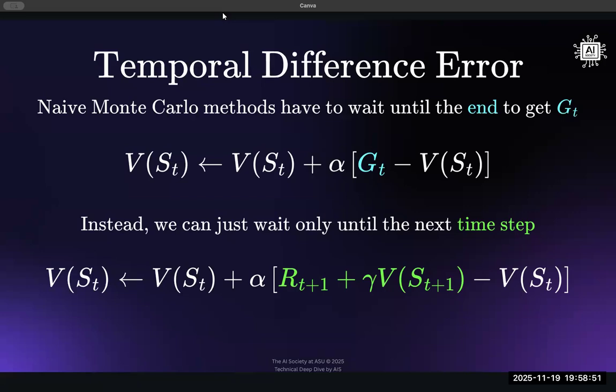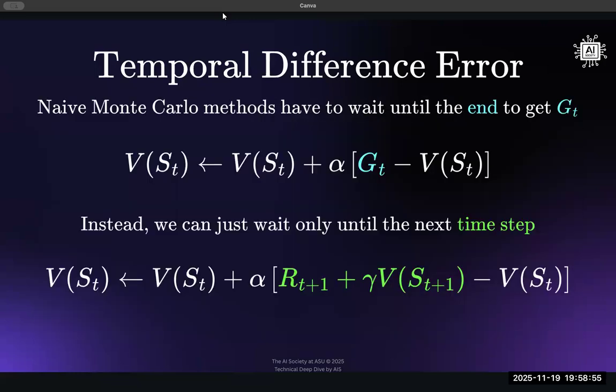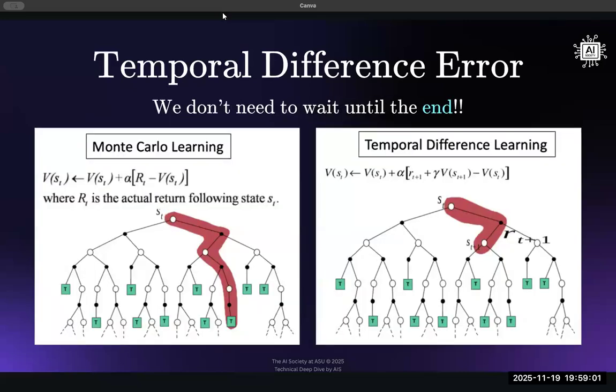And so that's what a temporal difference error is. The error in this case is just the difference between this and the current value estimate. And as you can see here, Monte Carlo learning sort of goes all the way down, and it has to compute the full return. You see that half in red right there? You have to go all the way down to compute your return.